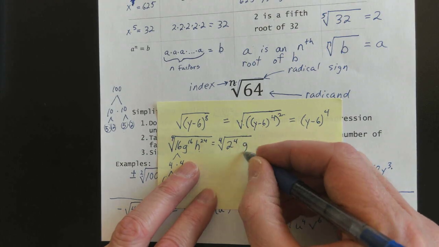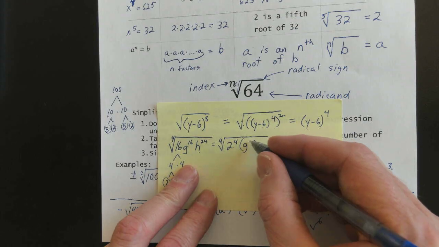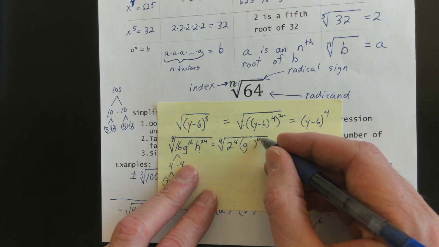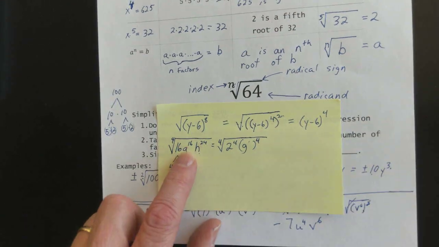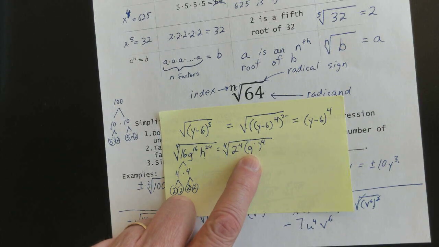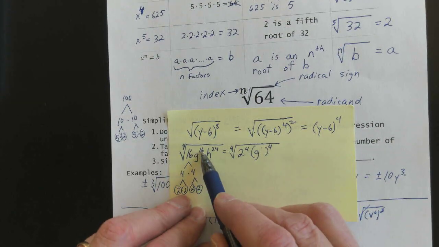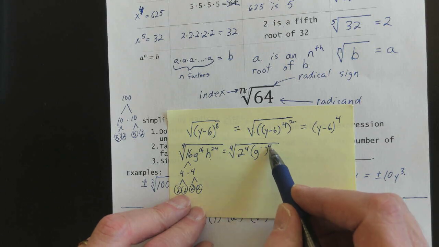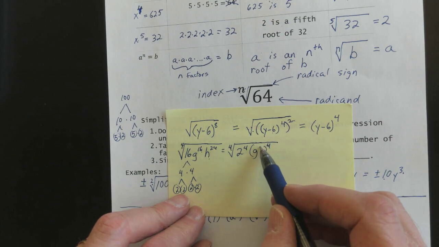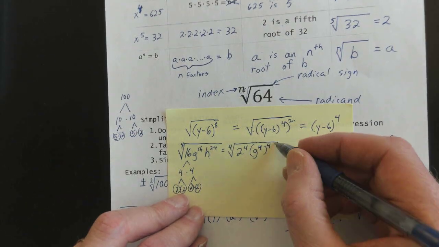So I'm going to take G. I'm going to leave some space to write a power here. And I'm going to write the 4th power out here. What goes inside with the G? I'm not doing the H yet. I'm taking 4, so what do I want to put here so it's still G to the 16th? 4 here. That is correct.